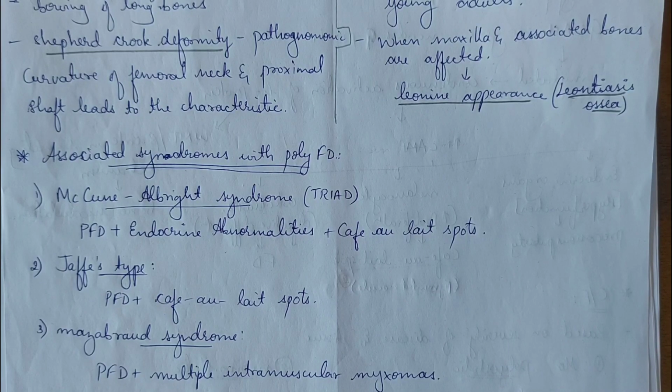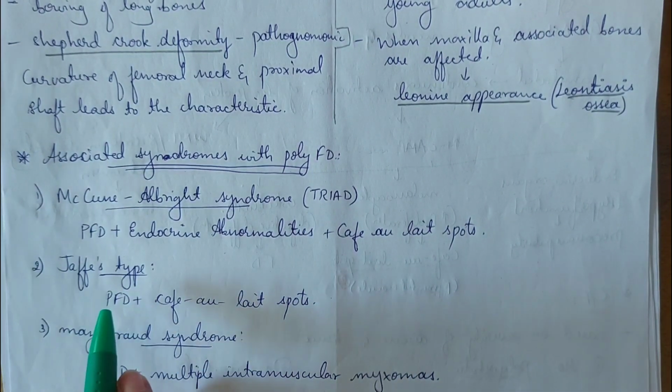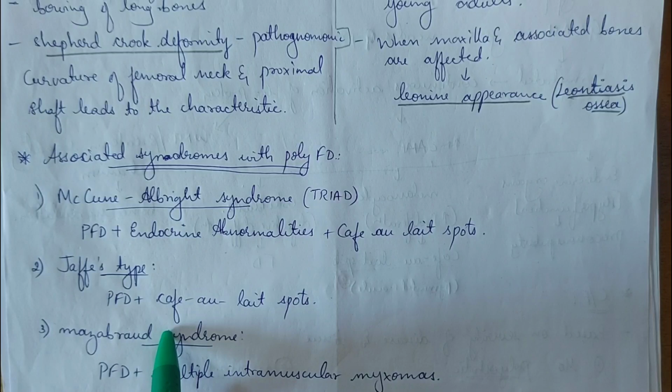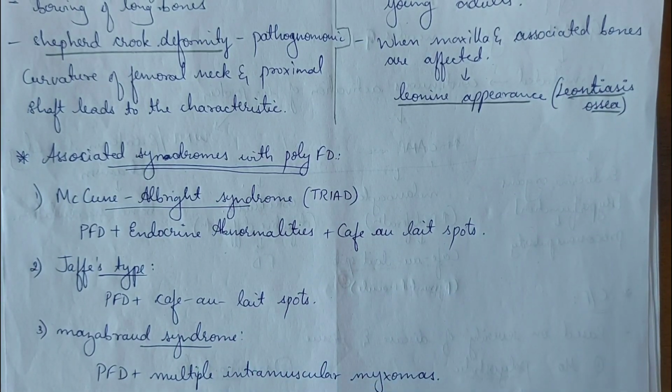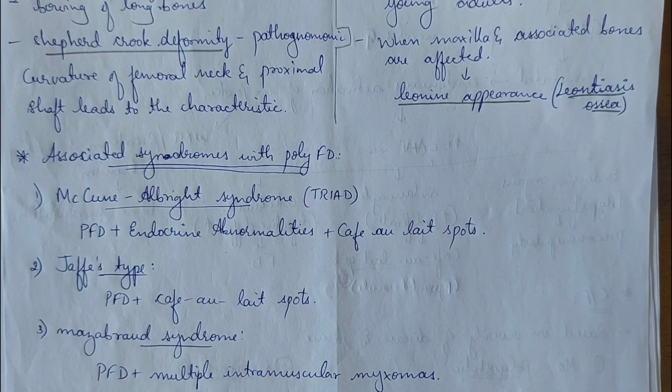One is McCune-Albright syndrome, which is a triad of polyostotic fibrous dysplasia, endocrine abnormalities and cafe au lait spots. The same syndrome excluding the endocrine abnormalities gives the Jaffe type, that is polyostotic fibrous dysplasia and cafe au lait spots. The third one is Mazabraud syndrome, which is polyostotic fibrous dysplasia with multiple intramuscular myxomas.